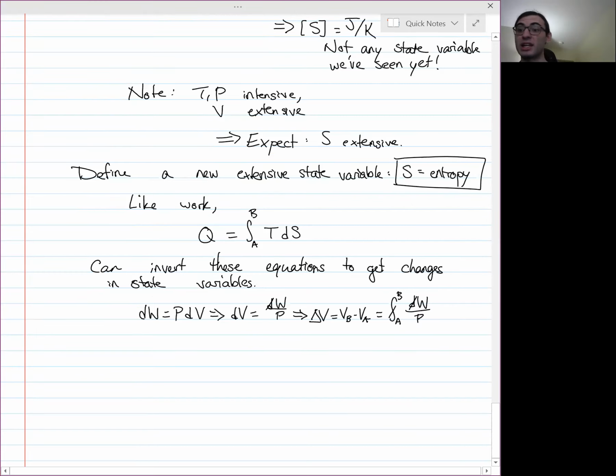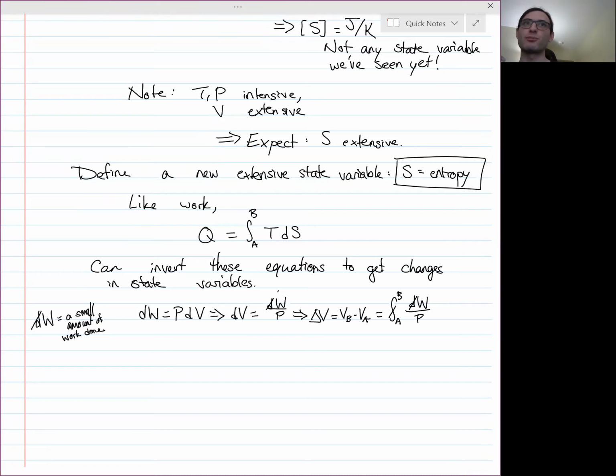Now, here's what I mean by these slashes. Typically, an integral is just something that you can do mechanically, but in a conceptual sense, an integral just means a sum over a bunch of infinitesimally small things. So dW just means a small amount of work done. It is not a small change in the value of work for something, because a thing doesn't have work.